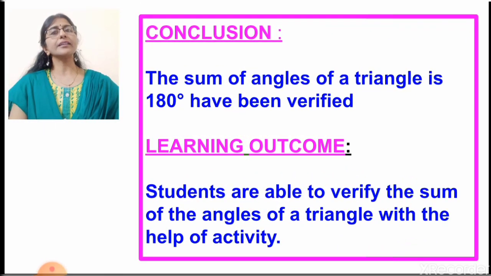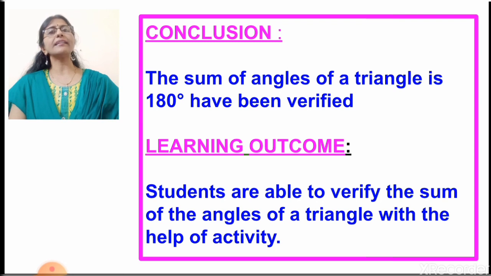Then you will write conclusion, and in conclusion you are going to write the sum of angles of a triangle is 180 degree have been verified. So using protractor also we have checked that it is 180 degree. And then at the end you will write learning outcome. Students are able to verify the sum of the angles of a triangle with the help of activity.